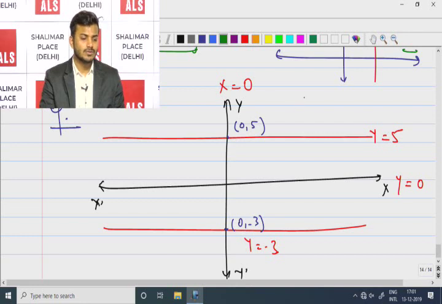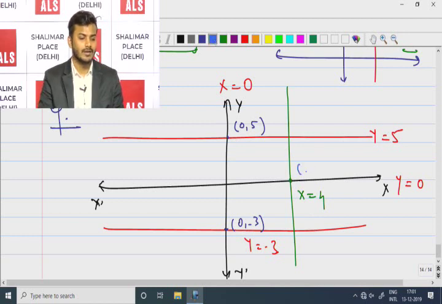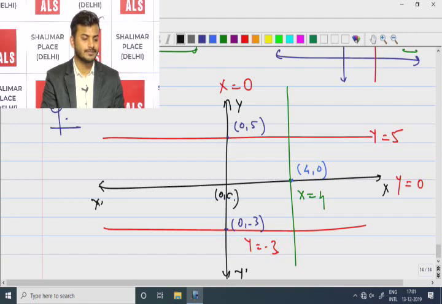x equals, suppose, 4. So this point will be (4, 0). Any point on the x-axis always has y coordinate 0. This is the origin.